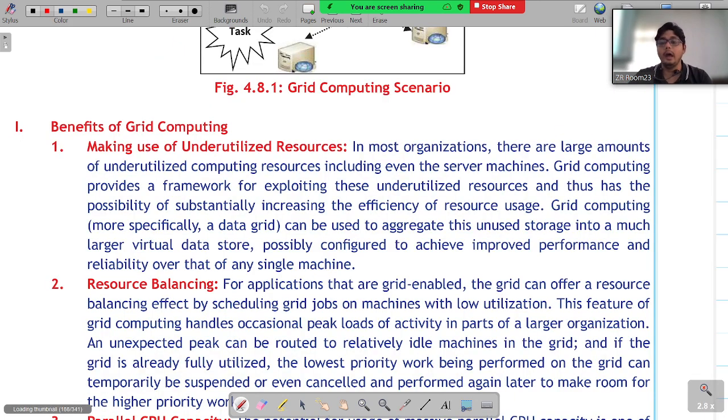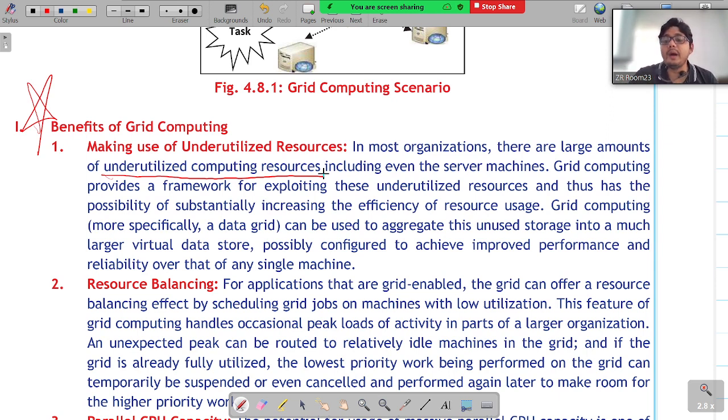Now, the first benefit of grid, and this answer is star mark, is making use of underutilized resources. In most organizations, there is a large amount of underutilized computing resources, the storage which is not utilized, including even server machines. A server means a main computer which has a lot of storage.